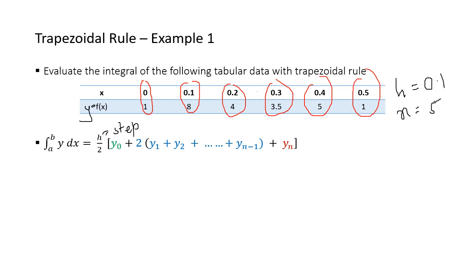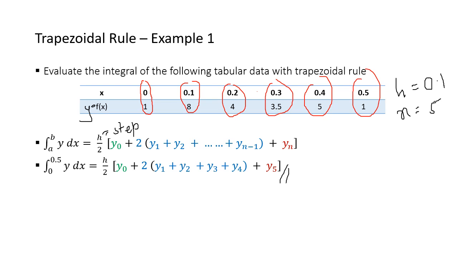Now we want to solve this problem, and it's quite obvious. It will be simply plug and play business. We'll simply substitute the values of y in the formula of the trapezoidal rule. So let us start. Finally, the formula reduces to this one given here.